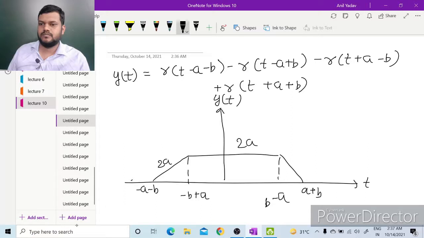So when two unequal width rectangular pulses of duration t1 and t2 are convolved, the resultant signal is always a trapezoid of duration t1 plus t2.